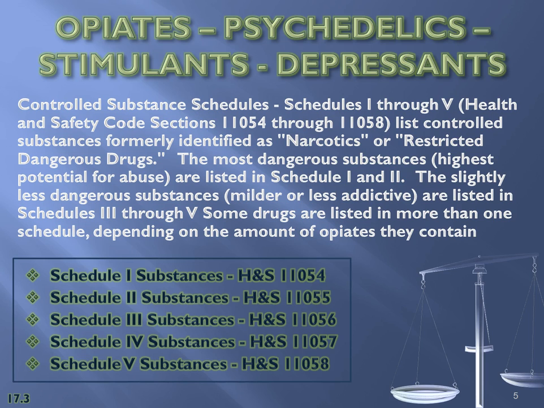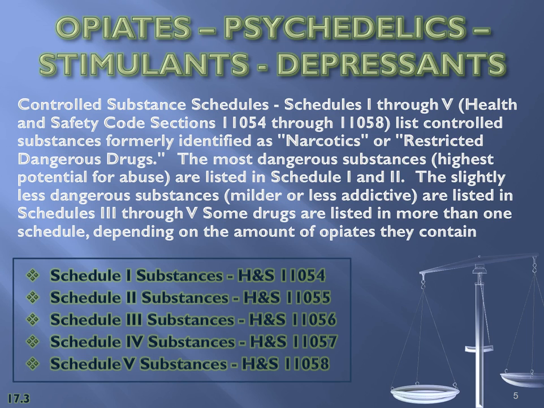The slightly less dangerous substances or milder or less addictive are listed in Schedules 3 through 5. Some drugs are listed in more than one schedule depending upon the amount of opiates that they contain, but this is how they list narcotics and dangerous drugs under the Controlled Substances Act.